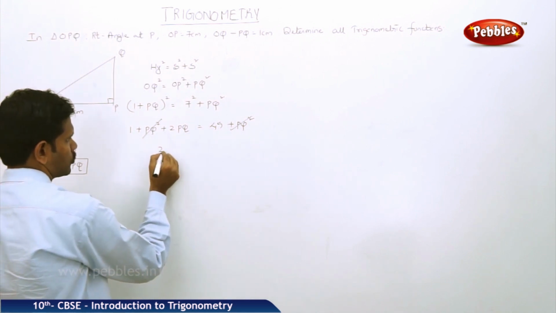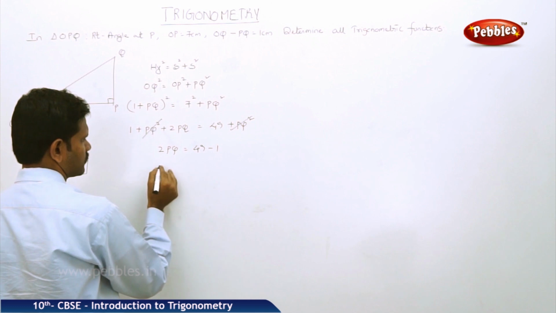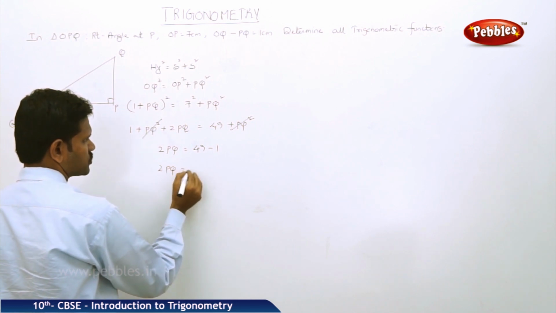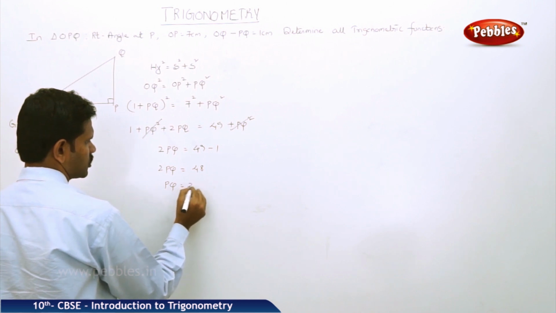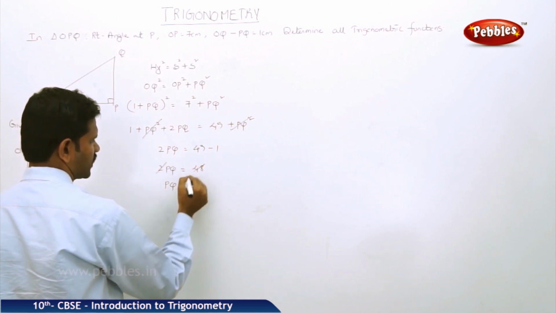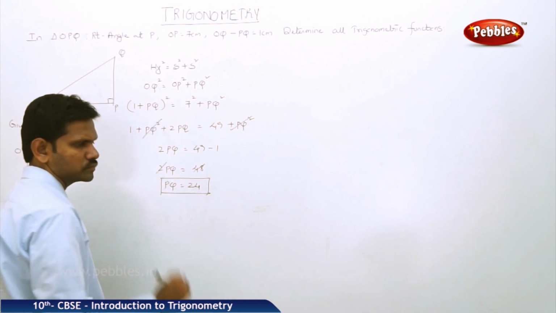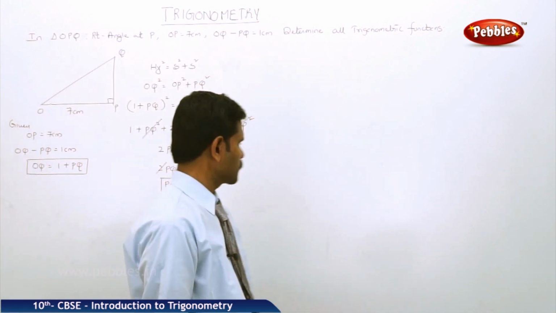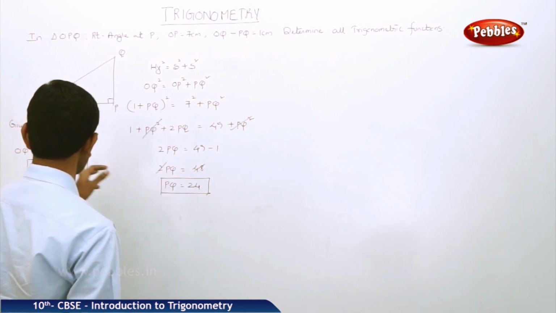Now, 2PQ is equal to 49 minus 1. 2PQ is equal to 48. PQ is equal to 48 by 2, which is 24. Now I am ready with the value of PQ. Once you know the value of PQ, substitute this in the previous equation.